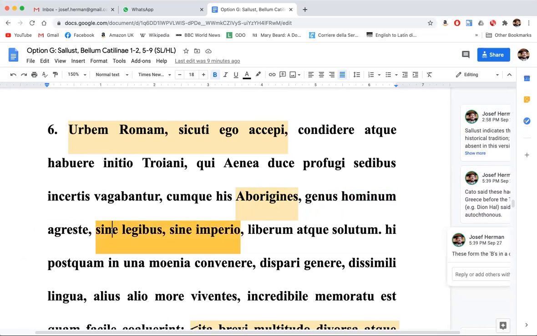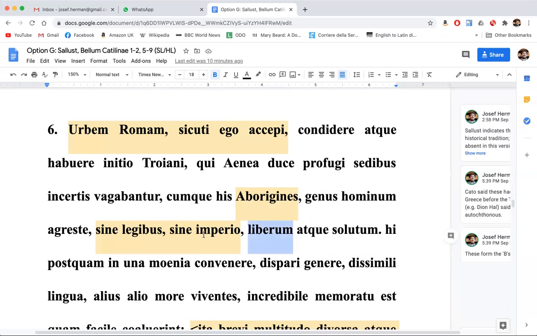Sine legibus, without laws, sine plus ablative, sine imperio, without government. Liberum atque solutum, free and literally solutum is a PPP that means loosened or unfastened or untied. So we might say unrestrained or something like that. And again, these words are neuter, agreeing with genus.